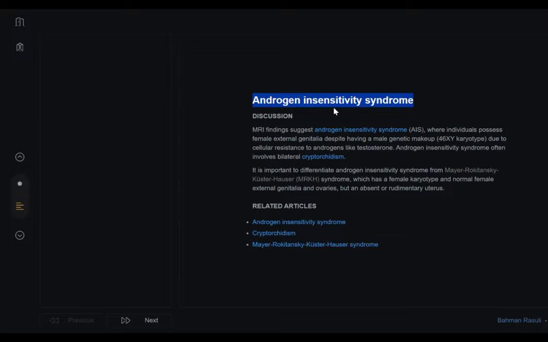What is the difference between both of them? Both are typically like this, but in androgen insensitivity you must find evidence of testicular tissue, because this is an XY person. Mayer-Küster syndrome is XX, so you will not find testes. The differential diagnosis of Mayer-Küster is Turner, but it is XO.